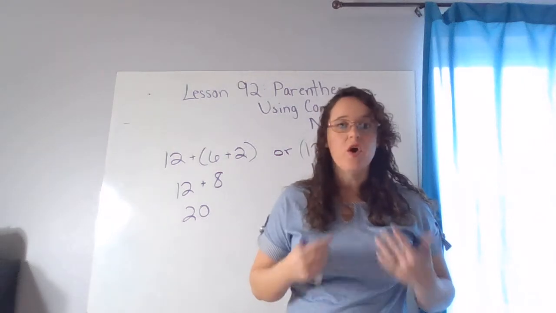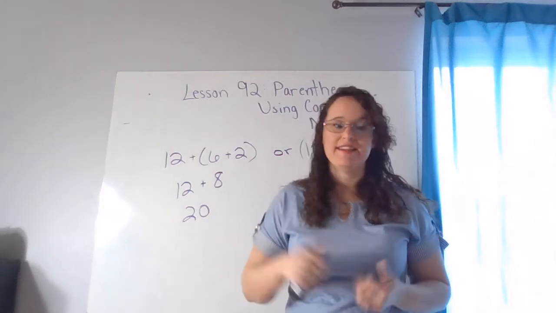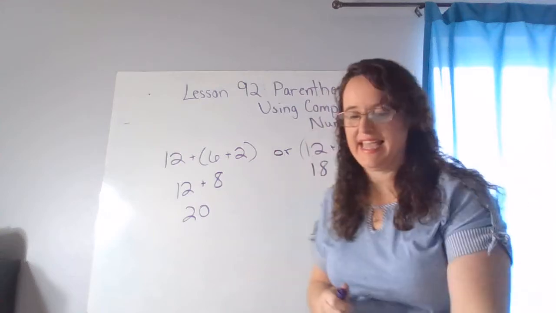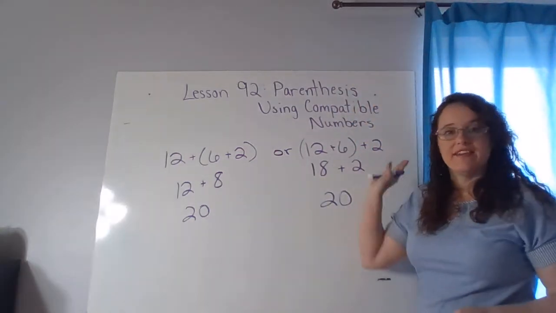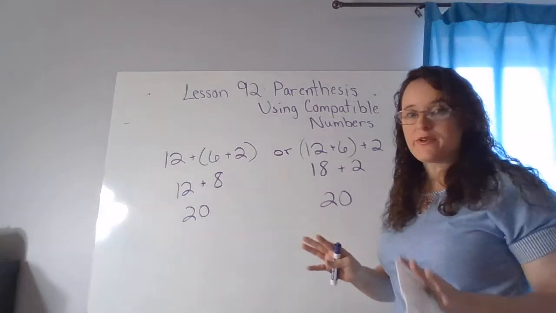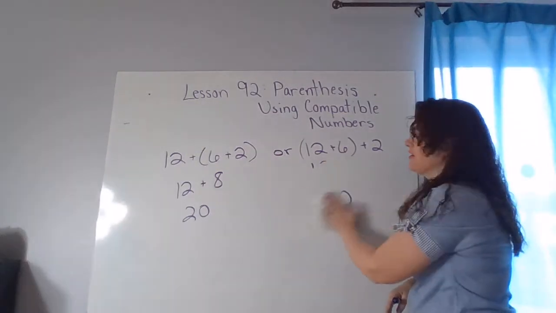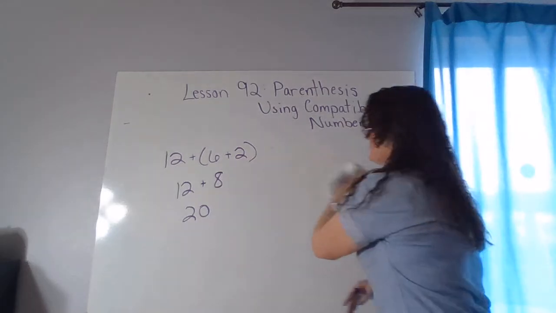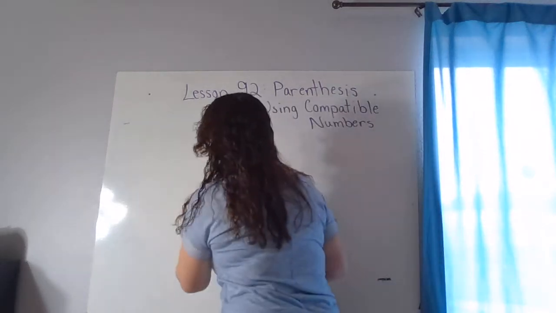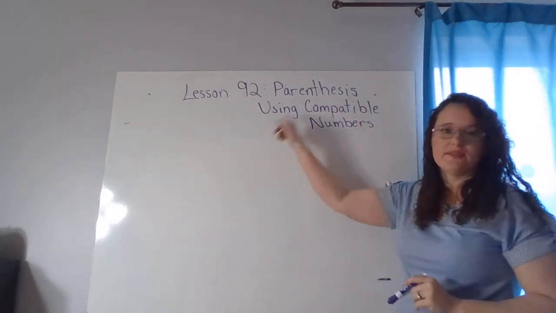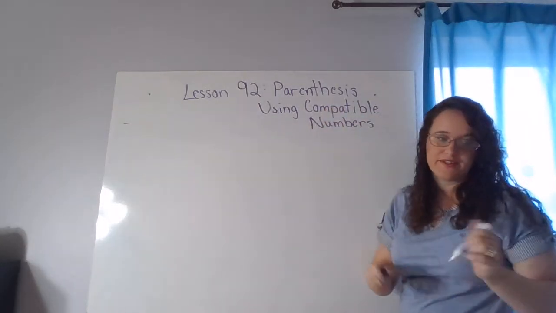No. It only works with addition and multiplication, although we're not going to talk about the multiplying side today. So, if we know that it doesn't matter what order we add numbers in, we can use that to our advantage. And using that advantage is called using compatible numbers.